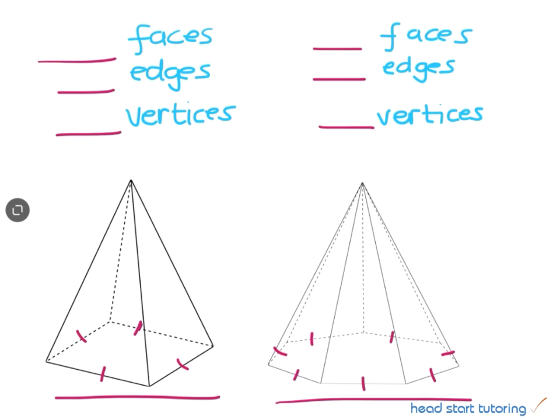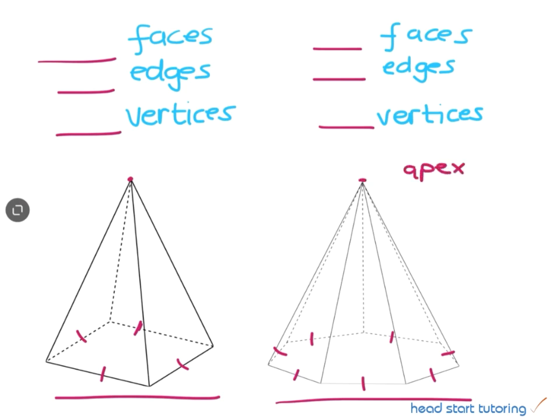So remember that prisms have 2 bases, whereas these pyramids have 1 base, and all the edges lead to a common vertex at the top of the pyramid, and that vertex is called an apex.